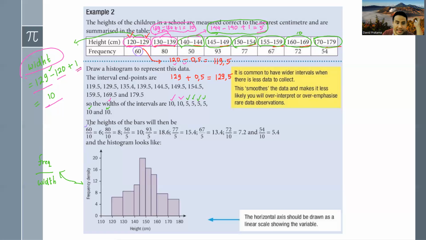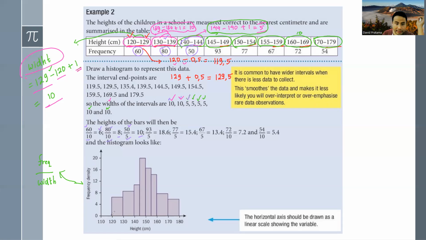So 60 divided by 10, the answer is 6. And this one is 80, and the width is 10 also, divided by 10 gives 8. And then 50 divided by the width, 5, gives 10.